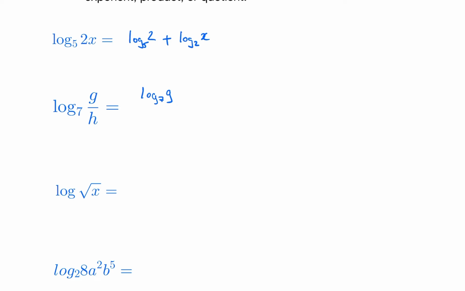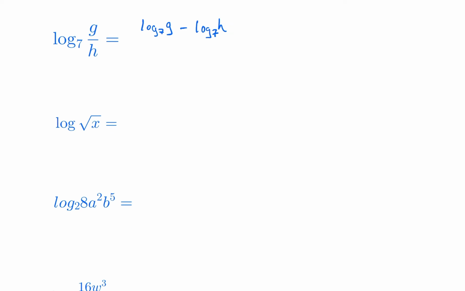Log of g base 7 minus log of h base 7. Okay, there we go. Sorry. So if you notice, what we did was we took this fraction and broke it up with a subtraction by making a log of each of the components, so g and also h.